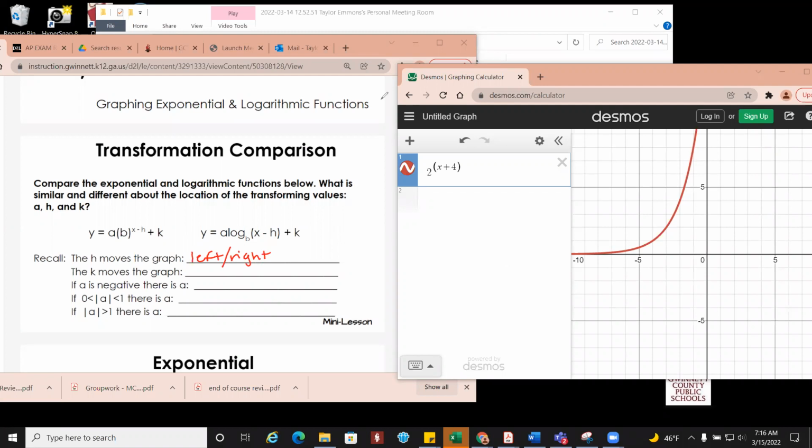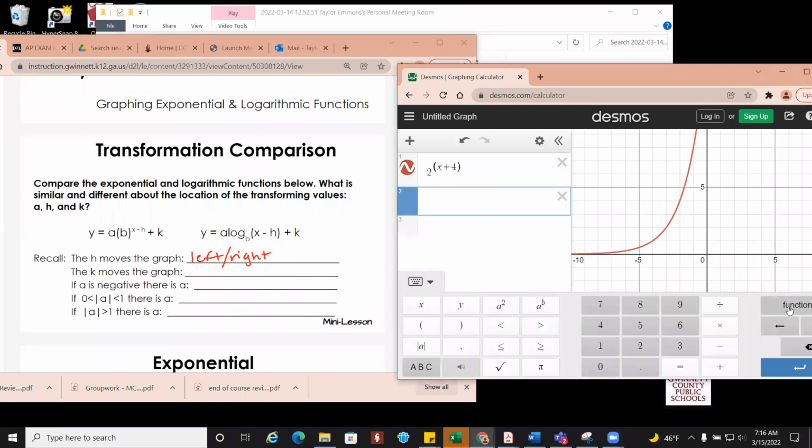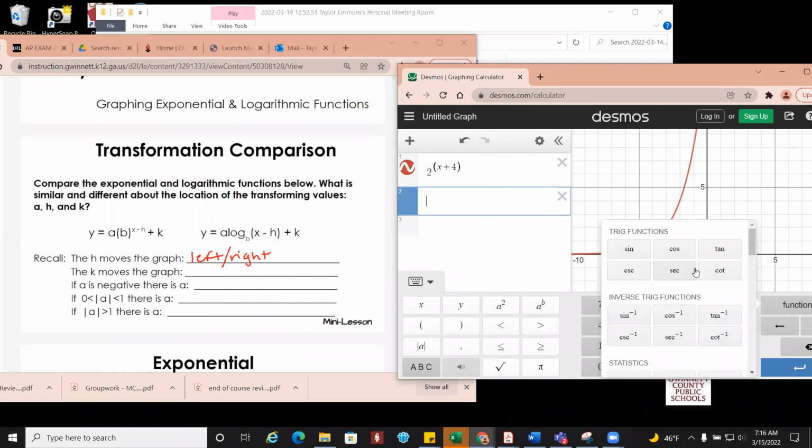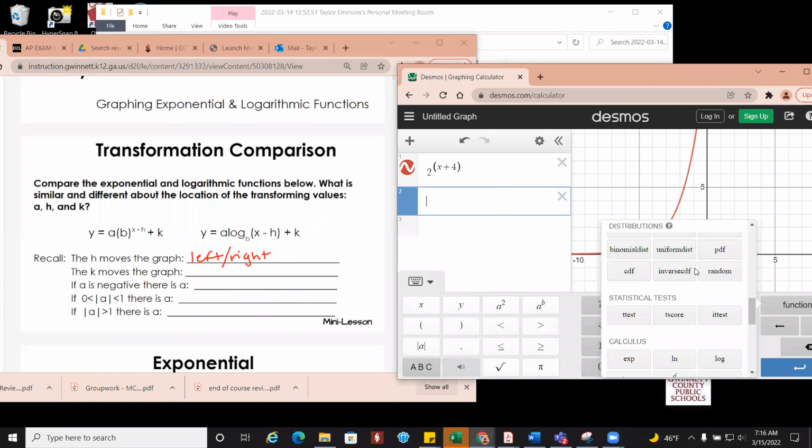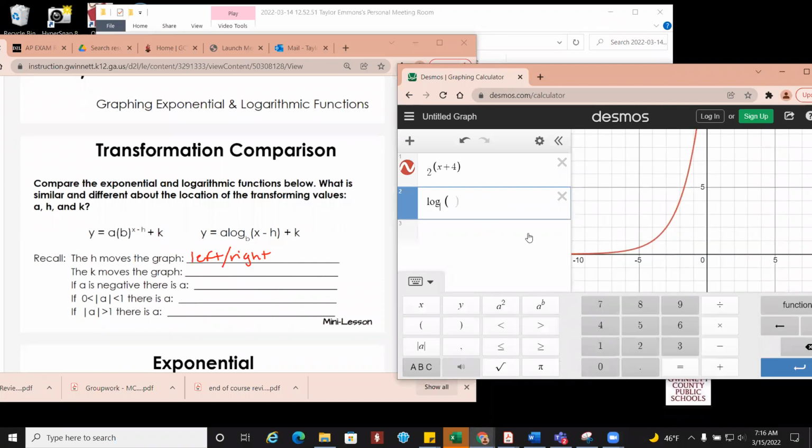Let's try that one. Okay, so if we come in here and we hit this little key, we go to functions, we scroll down, and we type a log of base 2 of x plus 4. Well, let's start with log of base 2 of x.